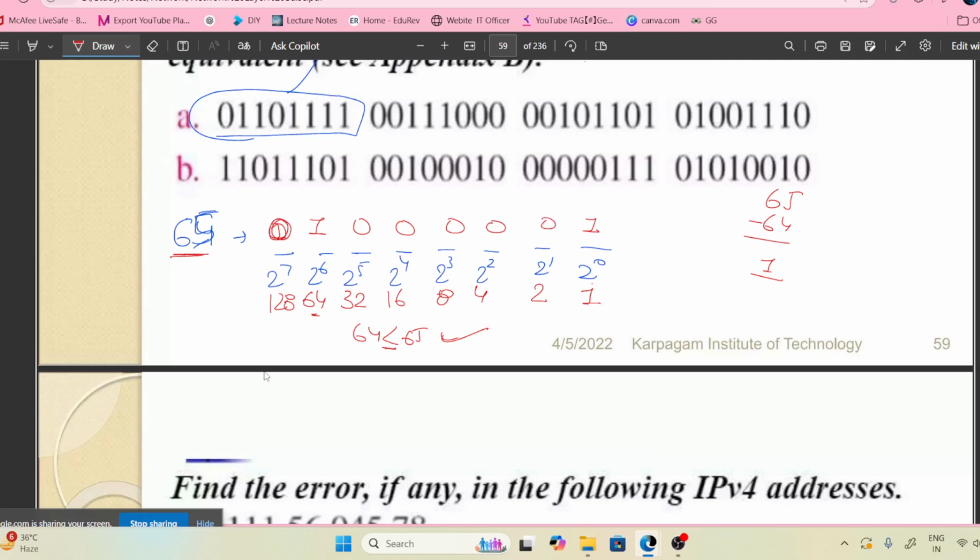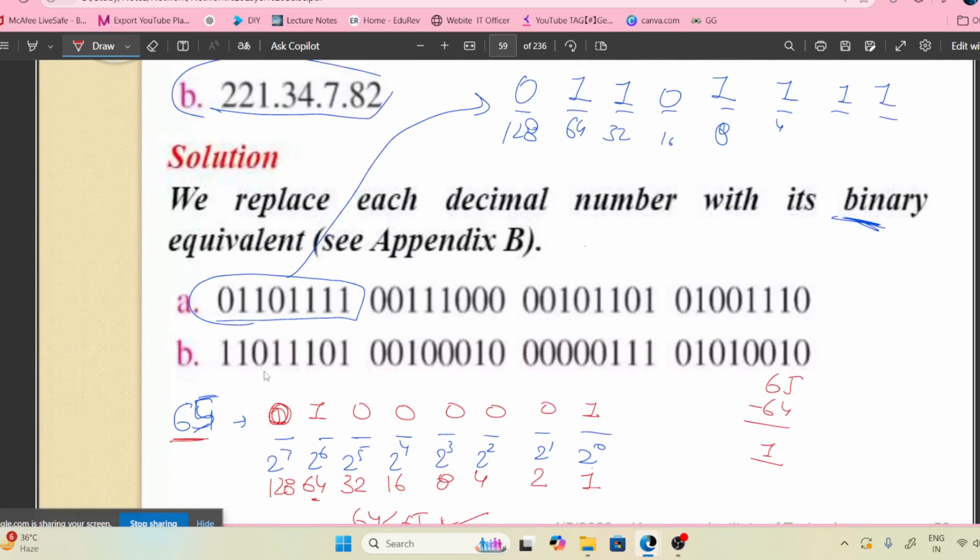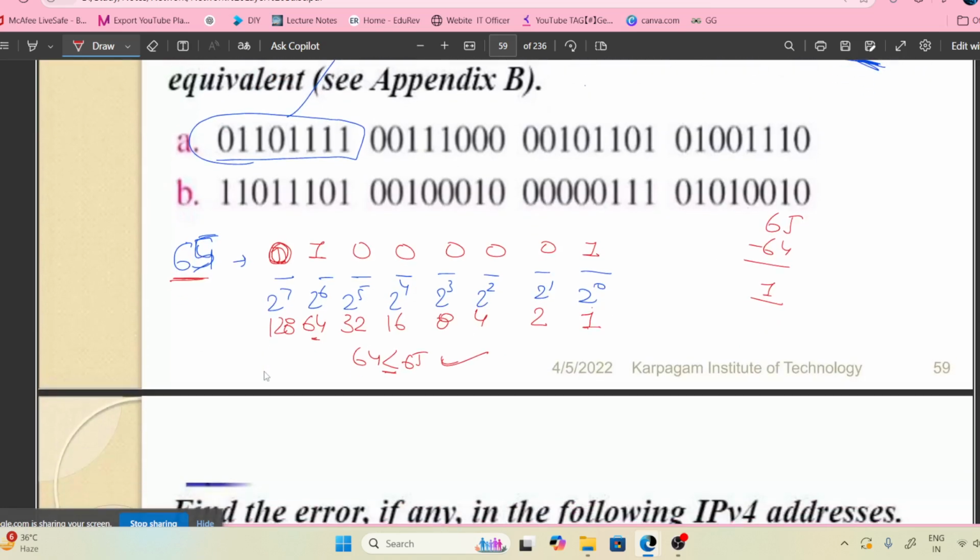Now let's suppose I need to write the number 221. So let's erase this.